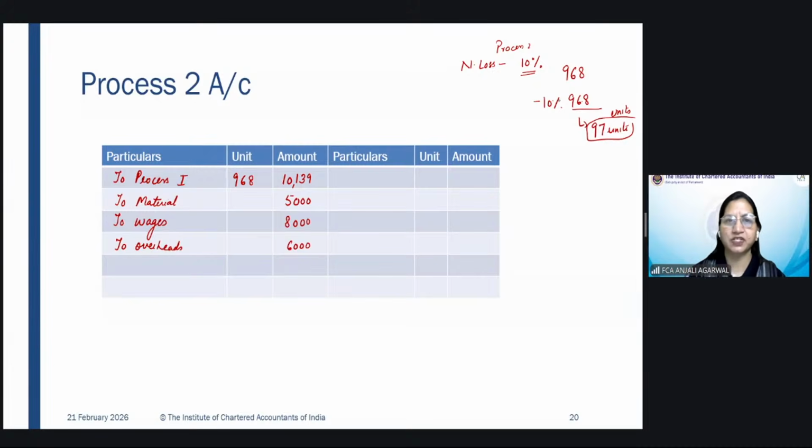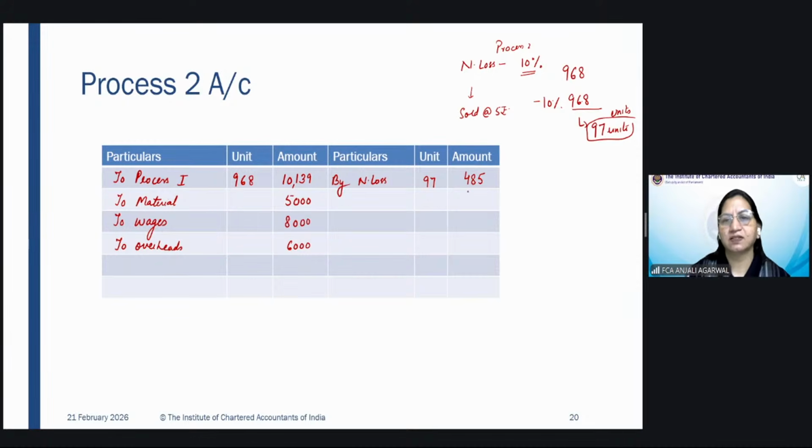Whatever you do, please mention in the note that you have rounded off all units to whole numbers. So I have normal loss, and it is said that the normal loss of process 2 is sold at 5 rupees per unit. So units are 97 and the amount will become 97 into 5, 485.